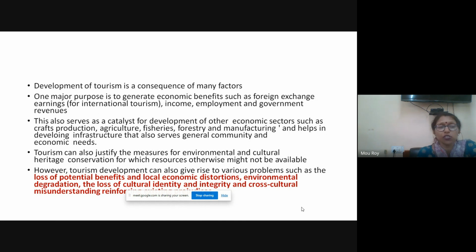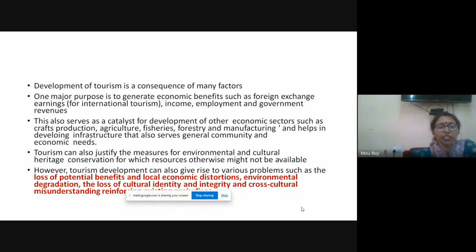So these all lead to mass tourism. So what is mass tourism? It basically leads to overconsumption of resources, which includes water, which includes energy, and this can strain the local ecosystem and lead to pollution, lead to waste generation.